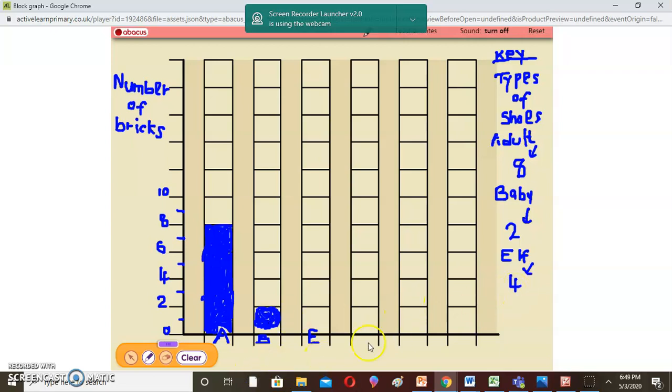Now we have the elf. The elf weighs 4. Let's see, we are going to count in twos again up to 4. You can see here there is 2. This one will stand for 2, then 4. Again, you color this to represent 4 for the elf. The elf weighs 4, so you color 4.